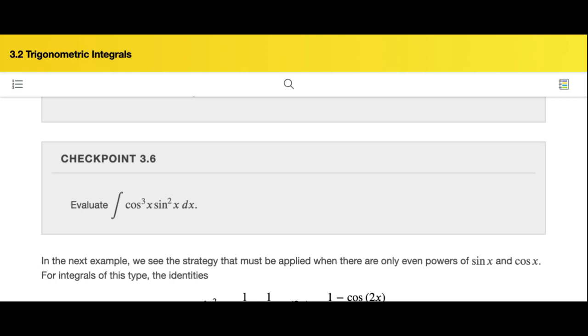Can we do a real quick proof? Sure, let's do that. So that's cos cube sine square. So we get a cos cube.